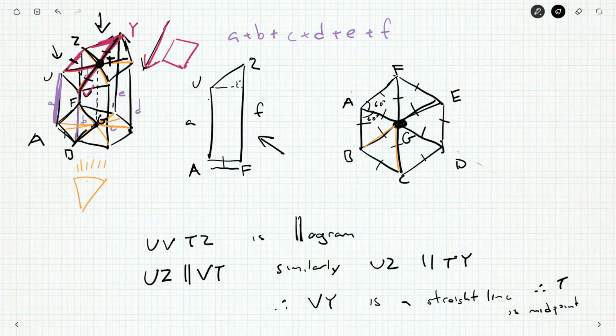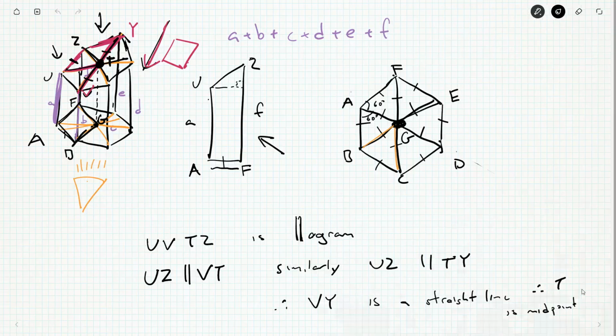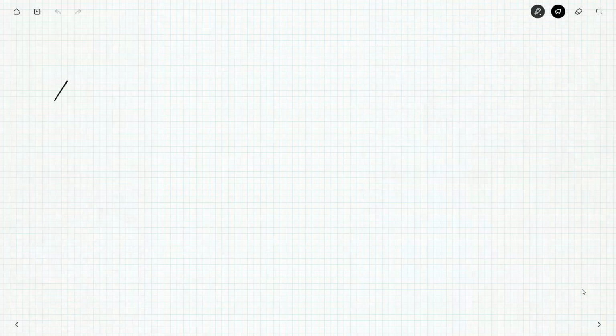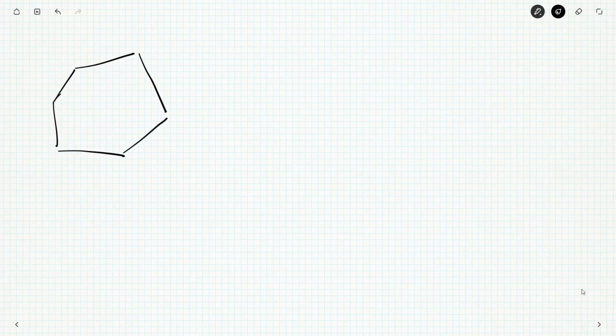Am I going to be able to prove that this is a regular hexagon? No, surely I can't. Could I? I'm going to draw another picture. I'm not going to draw as much of the prism, but what I want to do is, so they all pass through T, that's fine.